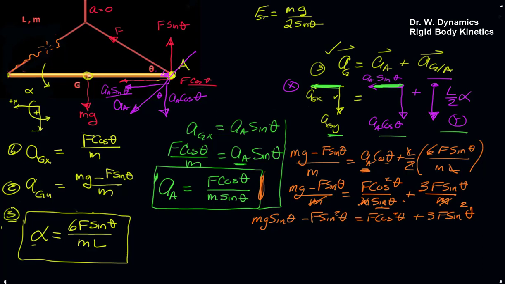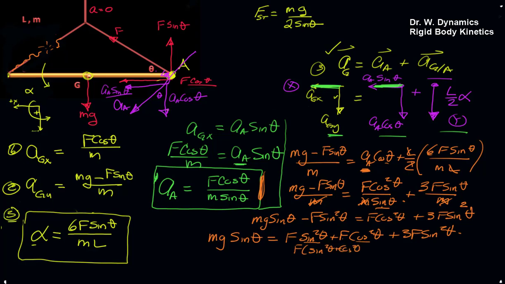And if I collect my terms, I'll get mg sine of theta is equal to F sine squared theta plus F cosine squared theta, that's interesting, plus 3F sine squared theta. And here we have a sine squared and a cosine squared with a common factor of F. So that'll become F times sine squared theta plus cosine squared theta, which is 1.